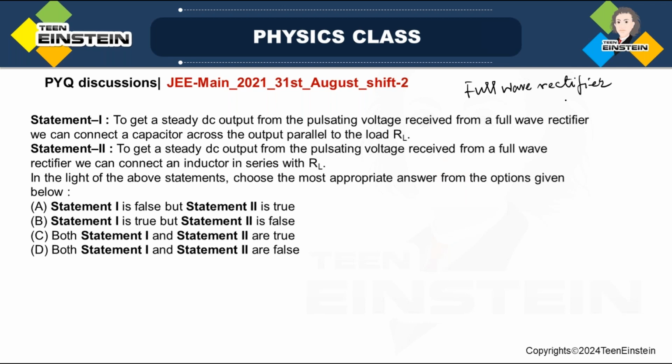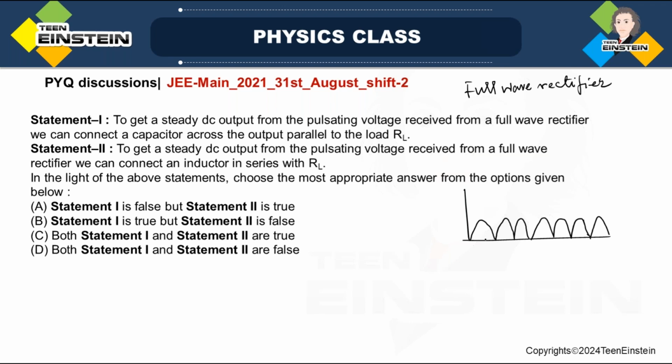About the circuit, see, in a full wave rectifier, how do you get the output? You get output like this. Each half cycle you get like this, isn't it? This is called pulsating DC voltage. You don't see anything going in the opposite direction.